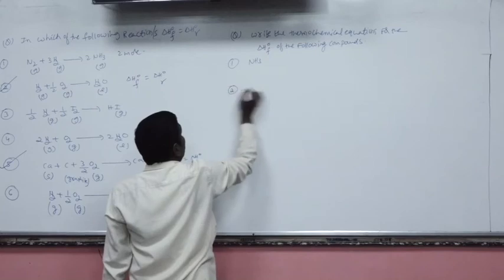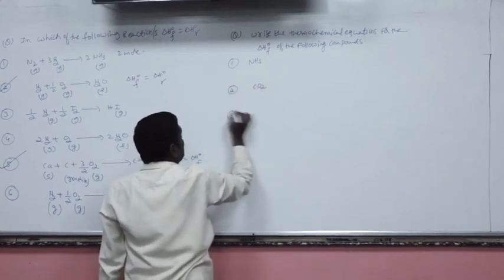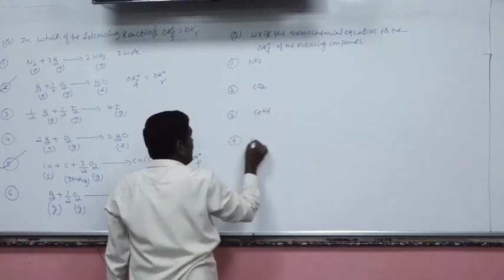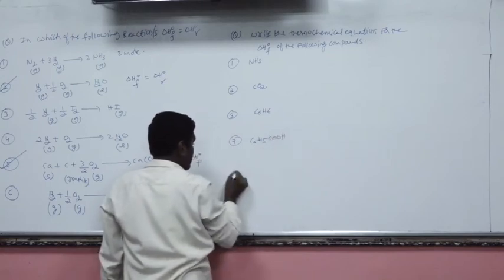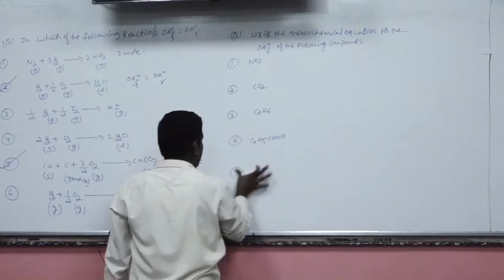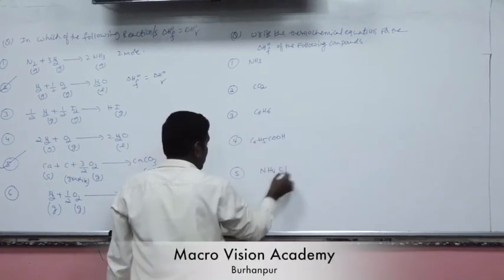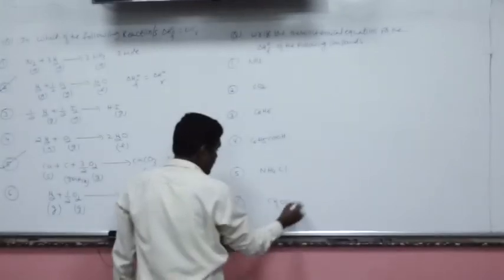Second compound is given carbon dioxide. Third compound is given benzene. Fourth compound is given benzoic acid. Fifth compound is given ammonium chloride. Sixth compound is given methanol.